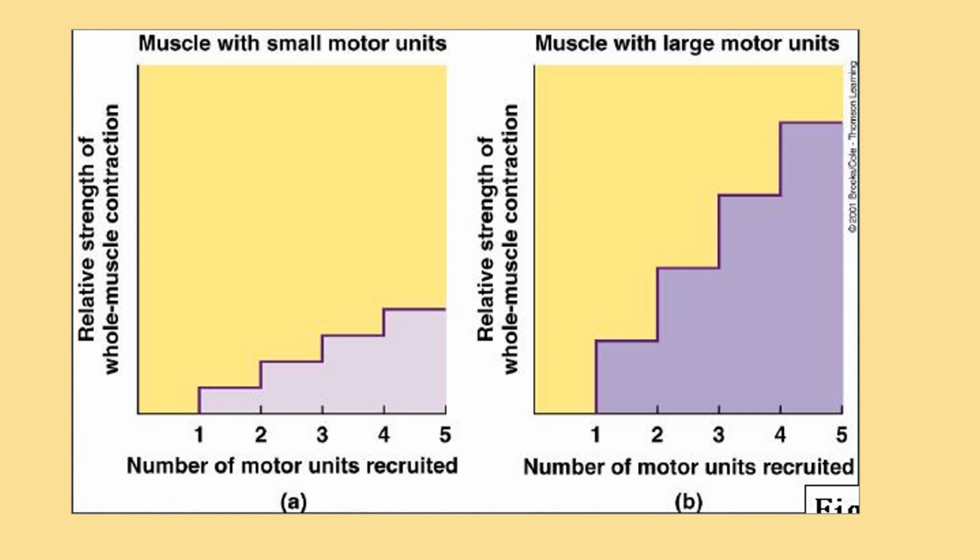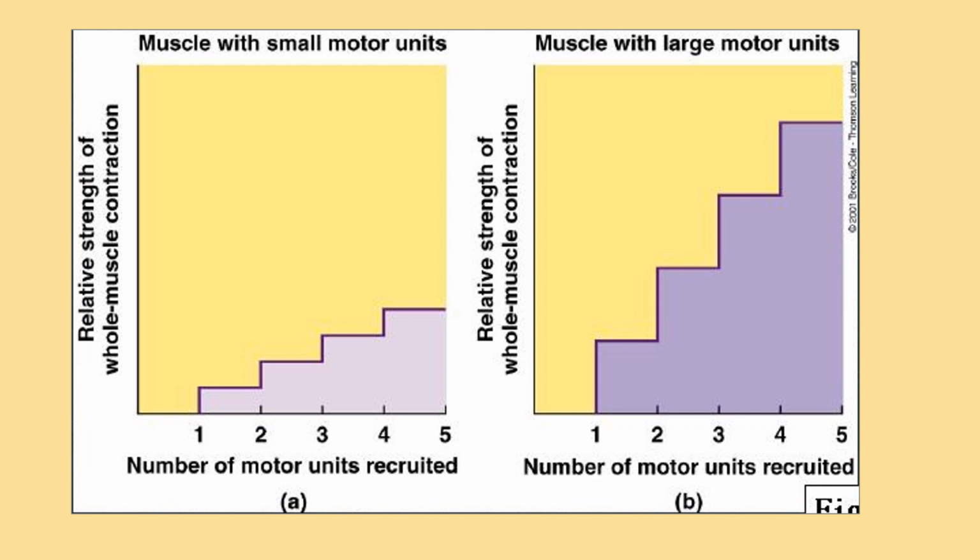We'll spend a bit of time using this image. First, I'll continue to explain just the concept of motor unit recruitment using panel A. And then we can compare muscles that have different sized motor units by comparing panel A with panel B. So let's spend a moment focusing on panel A, where we're just thinking about any given muscle and the tension that muscle generates based on the number of motor units that have been recruited, where recruited also means activated.